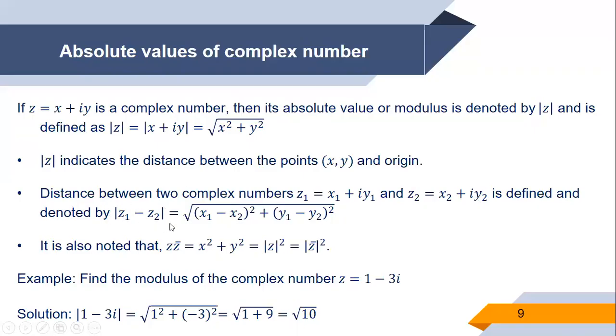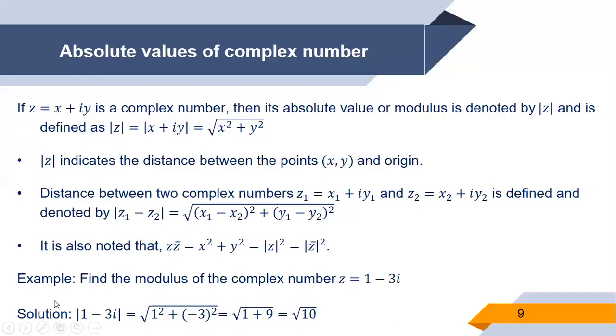So indirectly mod of z1 minus z2 is the square root of (x1 minus x2) whole square plus (y1 minus y2) whole square. So real difference square plus the imaginary difference square.